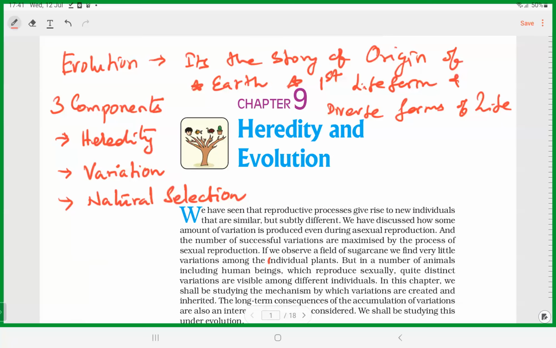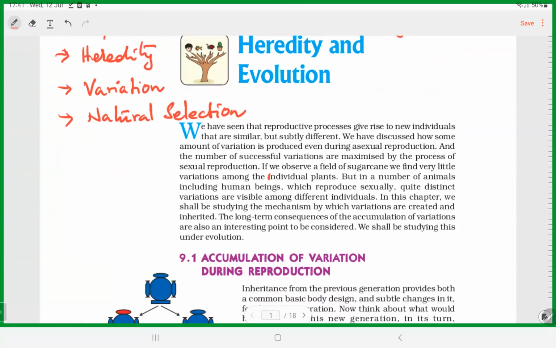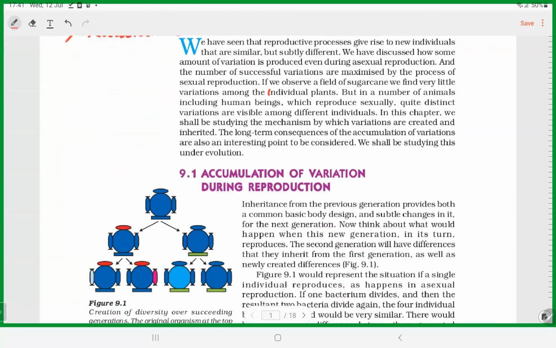See, in this book, I think you have a picture. Let me simplify the picture and connect it with heredity, variation, and natural selection.